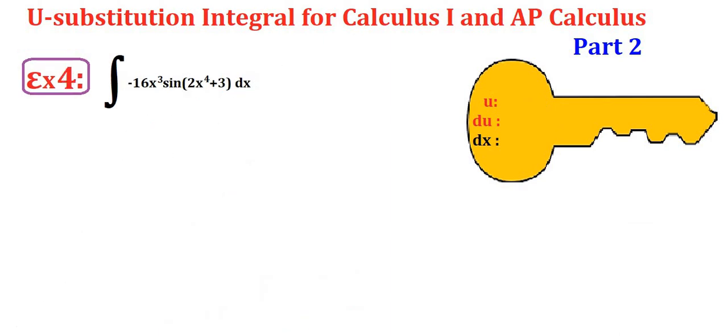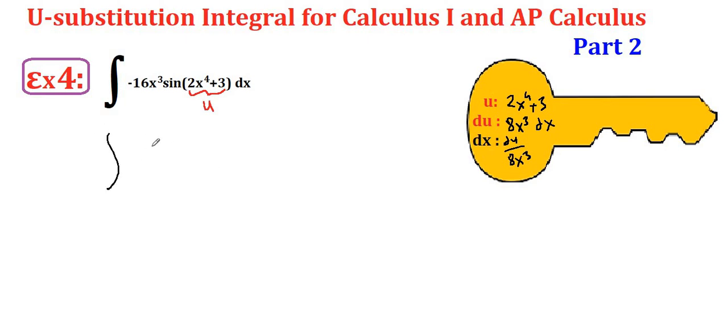Example 4. In this integral, we're going to call this part of the integrand u. Let u become 2x to the 4 plus 3. Then du will be the derivative of this, which is 8x to the third dx. If you solve for dx here, you obtain du over 8x cubed.